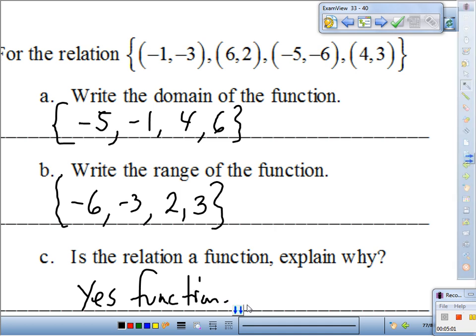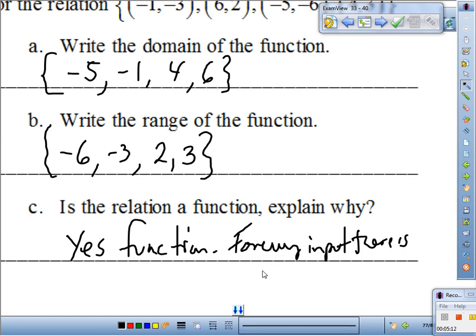Why? Because for every input, there is one output. Yes? Yeah.